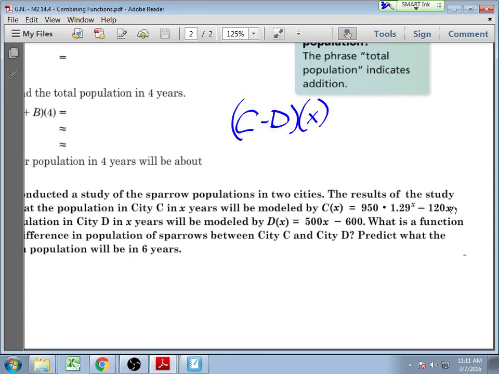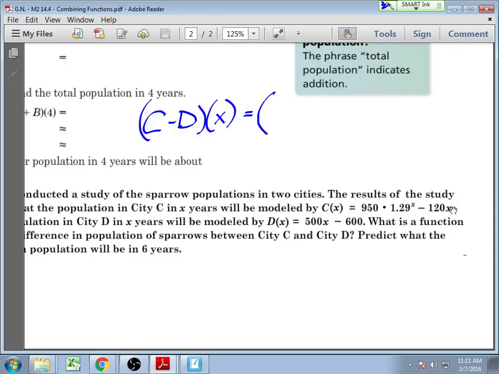of x. To do that, make sure you group 950 times 1.29 to the x minus 120x minus the entire D function, 500x minus 600.